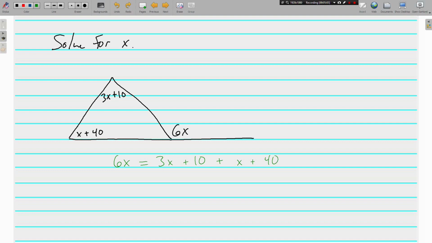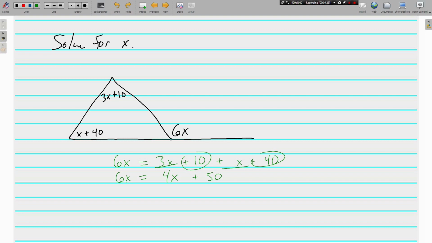The 6x equals the sum of the other two. Simplify each side before you do anything to both sides. 6x equals 4x plus 50.